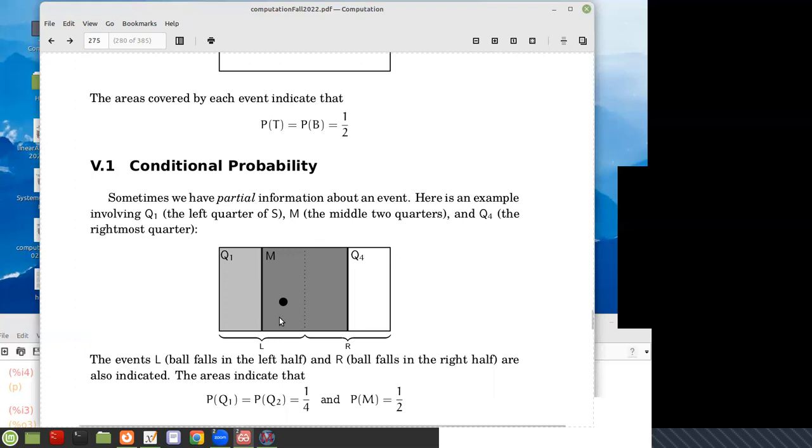This is part of trying to motivate the definition of conditional probability. It's going to be the number that are in the middle and in the left. That's an intersection.